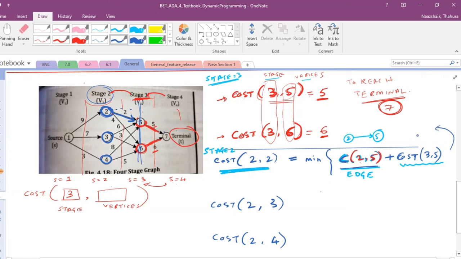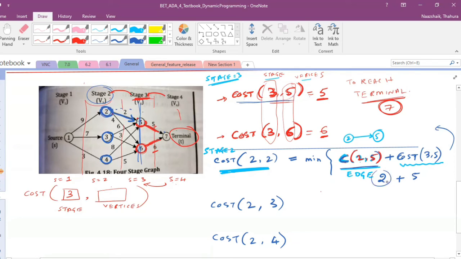Remember, in dynamic programming, we reuse the solution done in the previous step. So this one I have already evaluated, right? I know it is 5. And what is this? C(2, 5) is the edge. What is the cost of this edge? It's a direct edge, 2 to 5. What is the cost of this? 2. Okay.